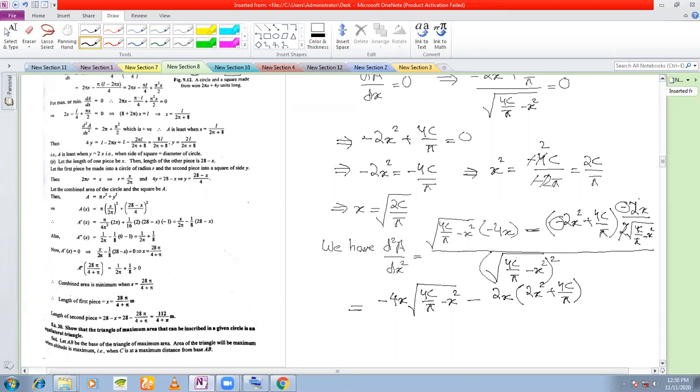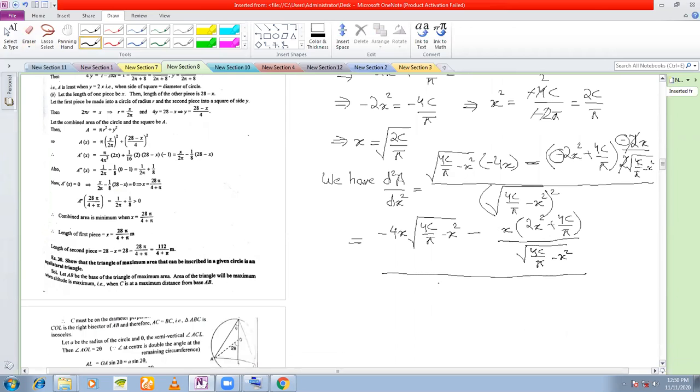In fact, this 2 and this 2 will cancel here, so you simply get x divided by root of 4c/pi minus x square, whole divided by 4c/pi minus x square.